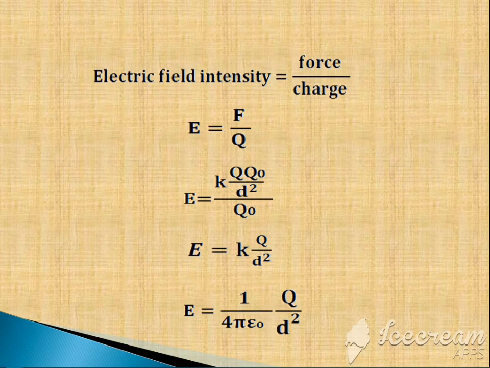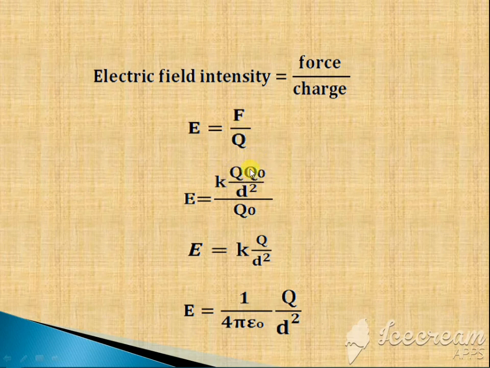And the derivation of the electric field intensity, where electric field intensity is equal to force upon charge, where E is equal to F upon Q. The value of F is equal to K Q1 Q0 upon D squared, where D is the distance according to Coulomb's law.